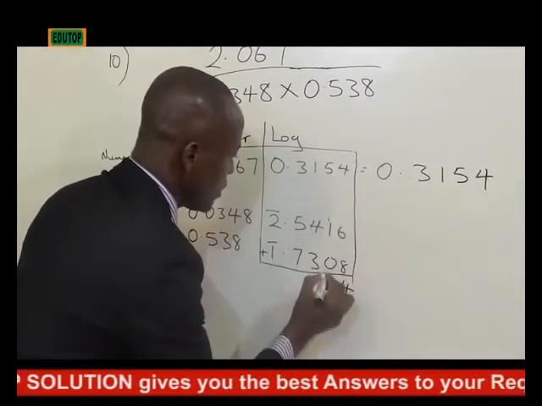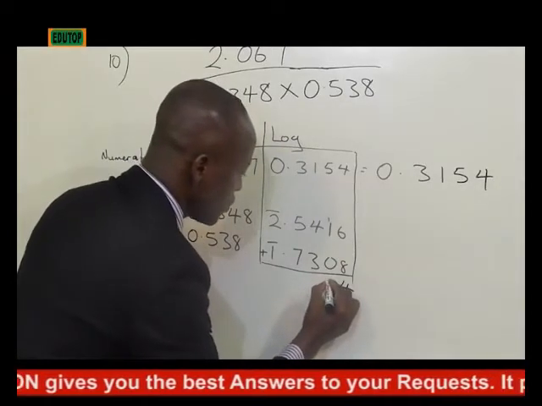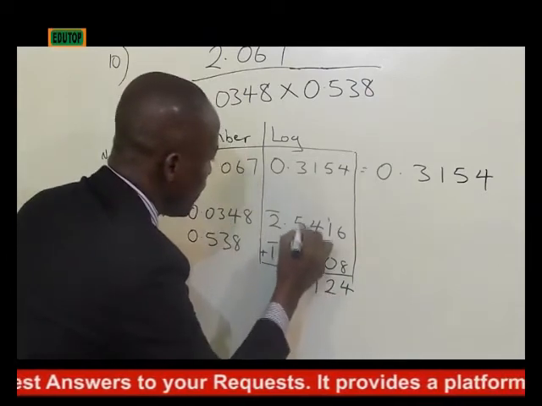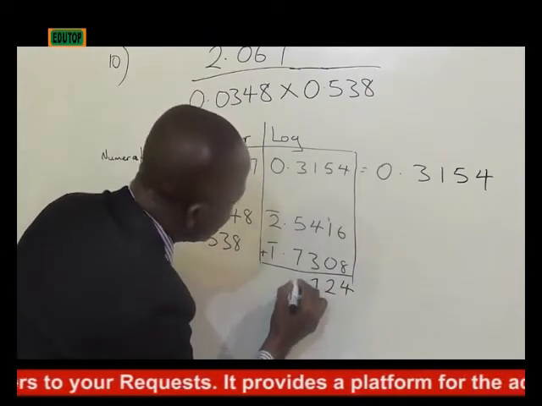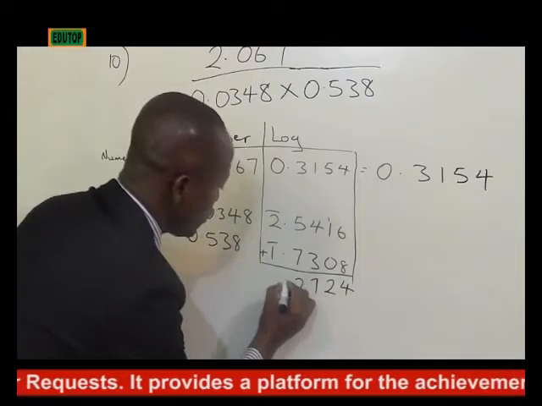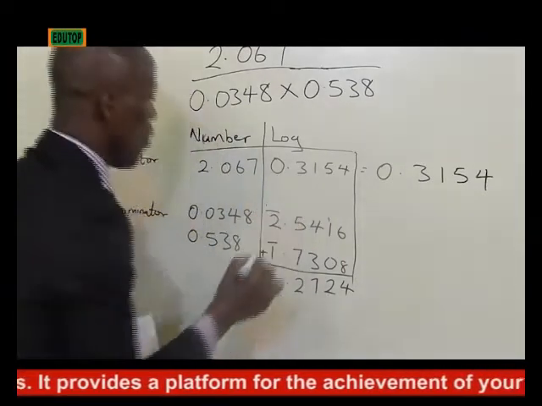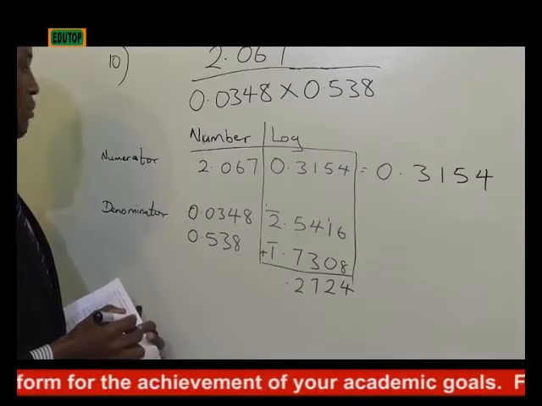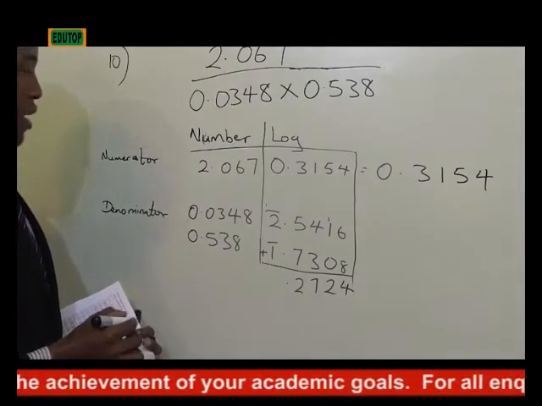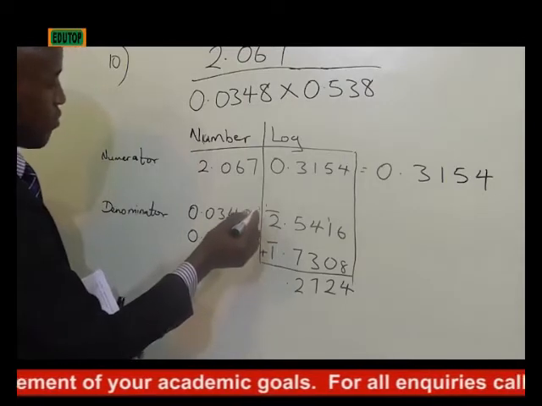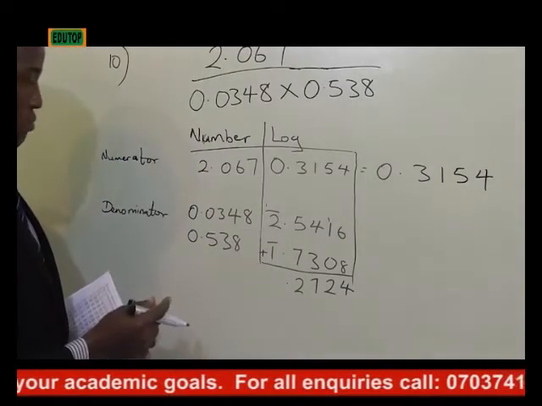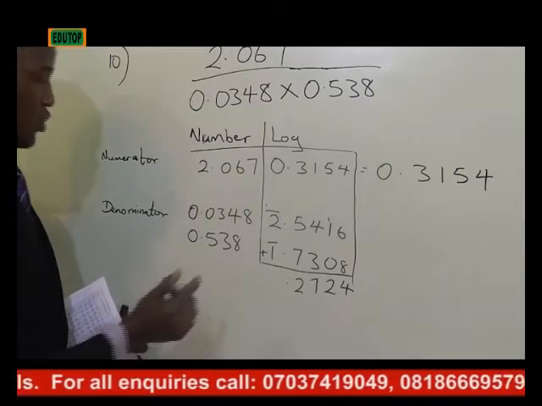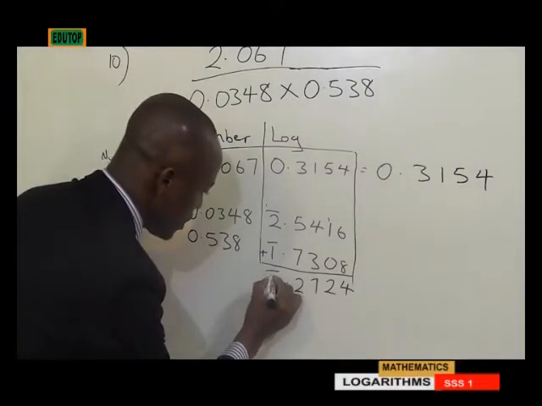Bring your 1 here. 1 plus 1 plus 0 is 2. 4 plus 3 is 7. 5 plus 7 is 12. You write your 2. You bring your 1 here. 1 plus -2 is -1. 1 plus -3 is -1. -1 plus -1 is -2. So you just write it as bar 2.